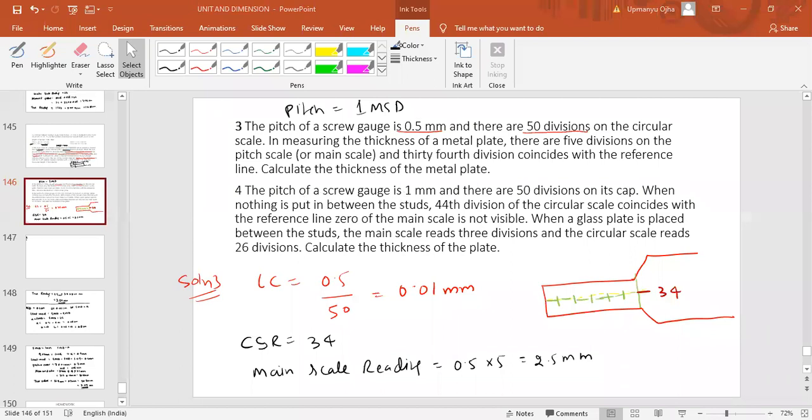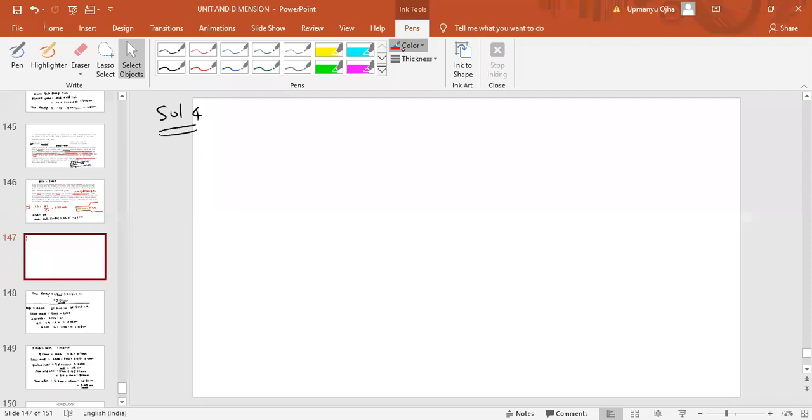The pitch of the screw gauge is 1 millimeter. So what data are we getting from the first line? The pitch is 1 millimeter, and there are 50 divisions on the cap. 50 divisions means this is what? Circular scale reading. Number of divisions of circular scale. So can you get the least count of the screw gauge?